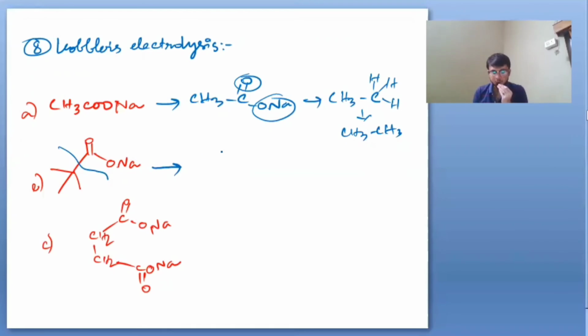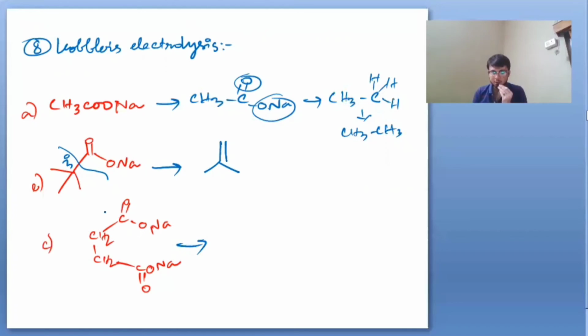So then what will the molecule look like? We can just form the double bond in any of these because it is attached to the 3-degree carbon, right? So we just add the double bond here. Okay, so the molecule will look like this, the final product.